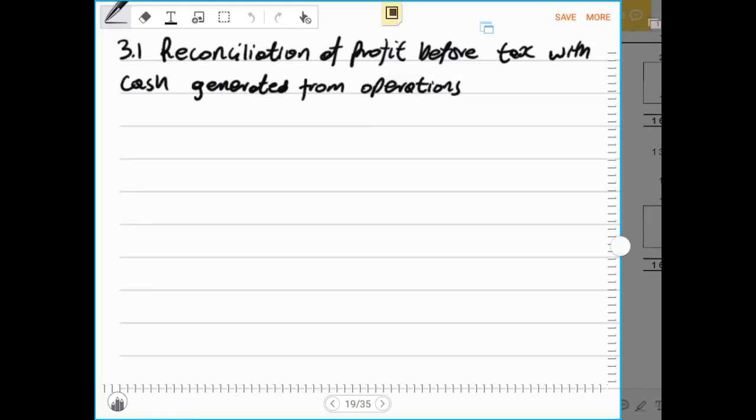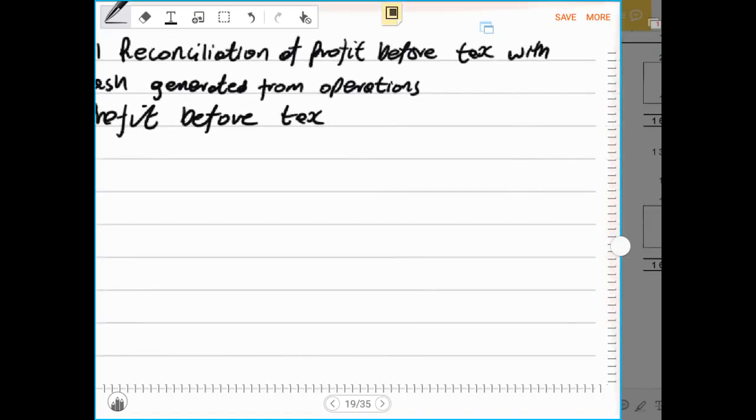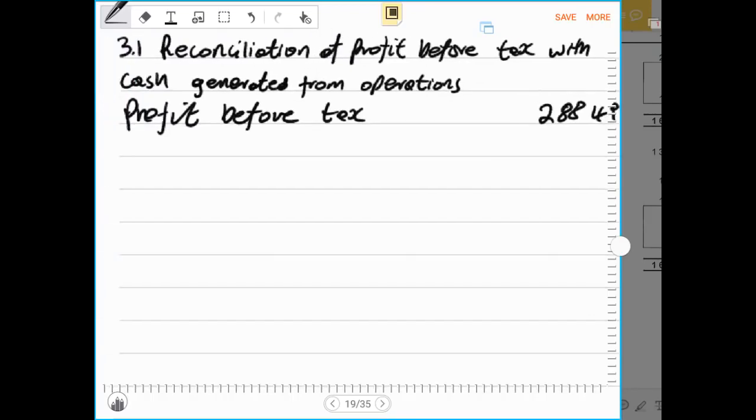And our profit before tax, as I have shown you, is 288,491. We write that profit before tax as 288,491.